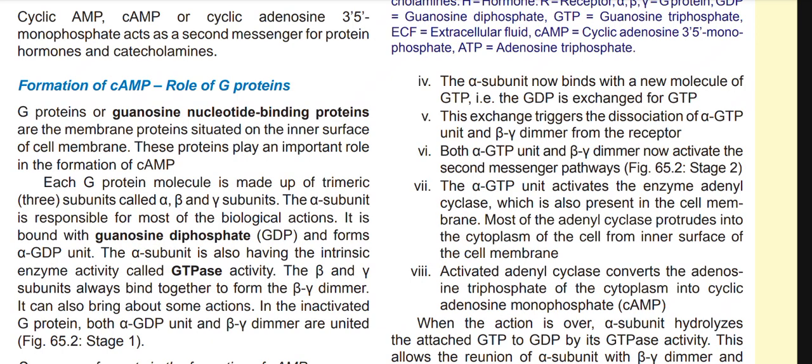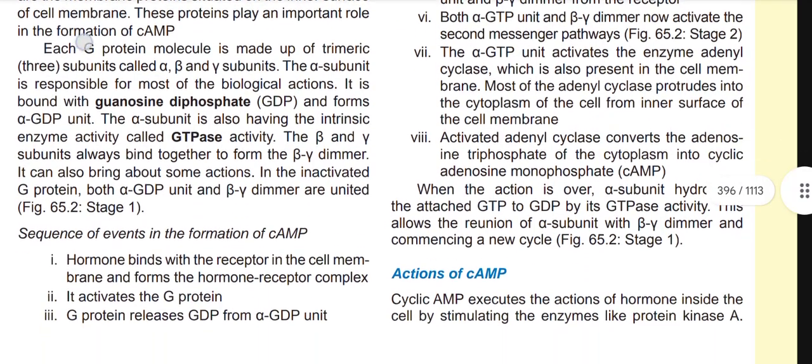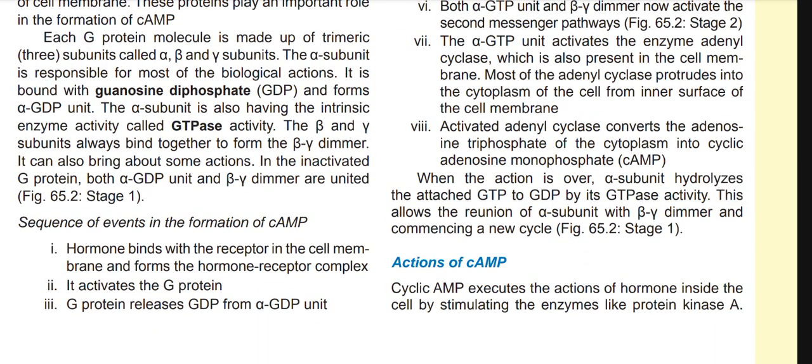Most of the adenyl cyclase protrudes into the cytoplasm of the cell from the inner surface of the cell membrane. Now the activated adenyl cyclase converts the adenosine triphosphate of the cytoplasm into cAMP, or cyclic adenosine monophosphate.